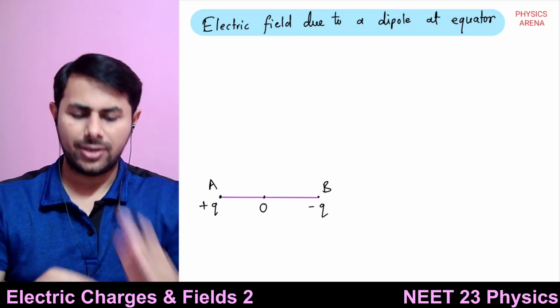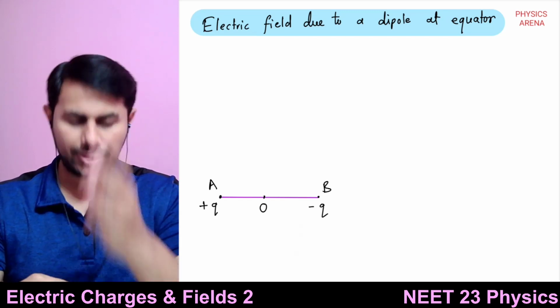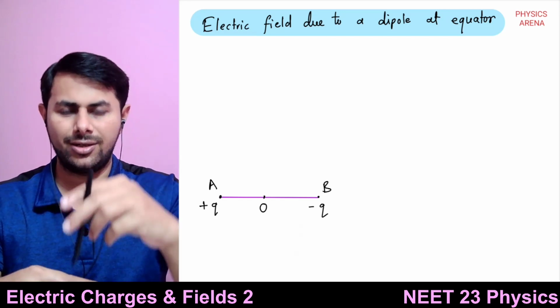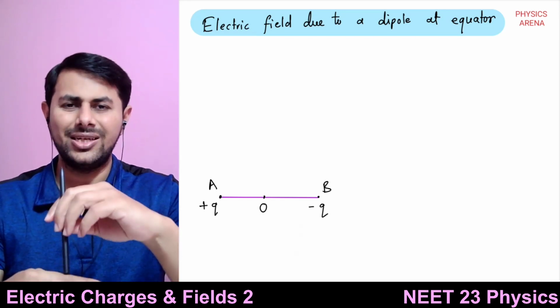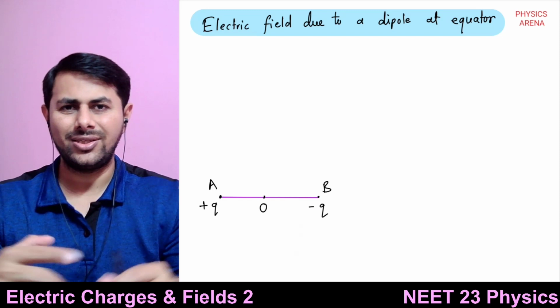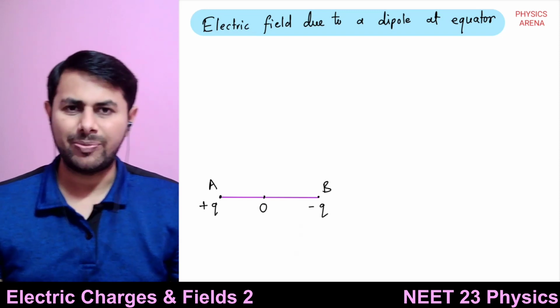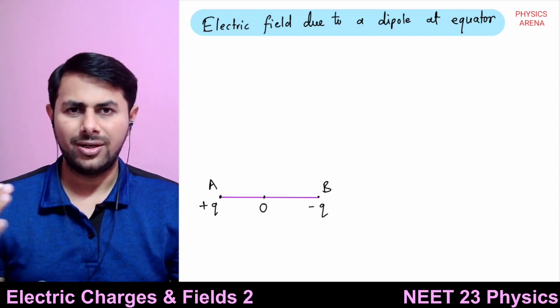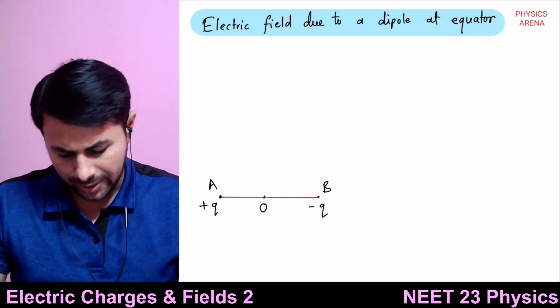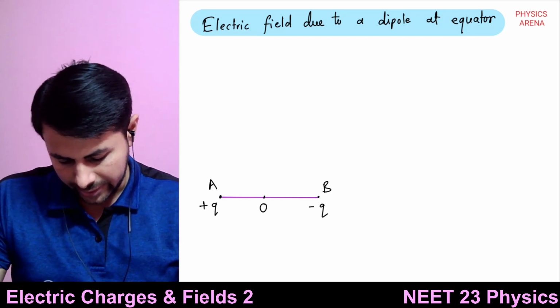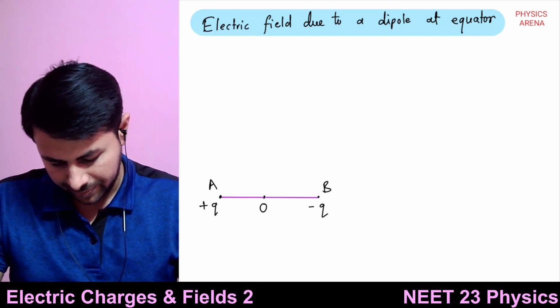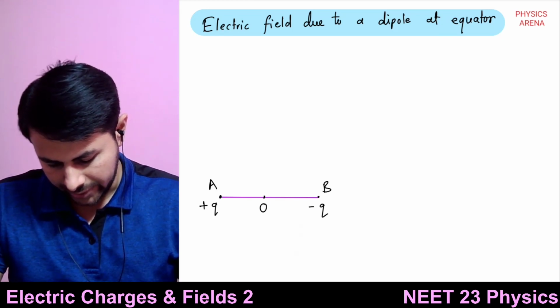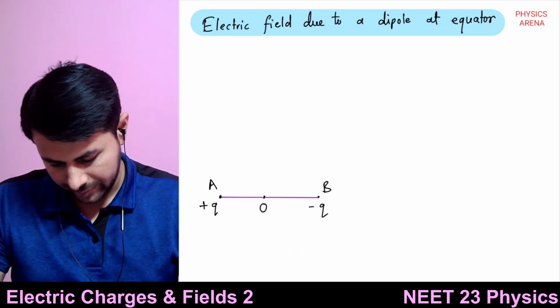So there is an equatorial plane. Any line on that plane can be called an equator. It will be a perpendicular bisector for this dipole. So let's consider one such line.